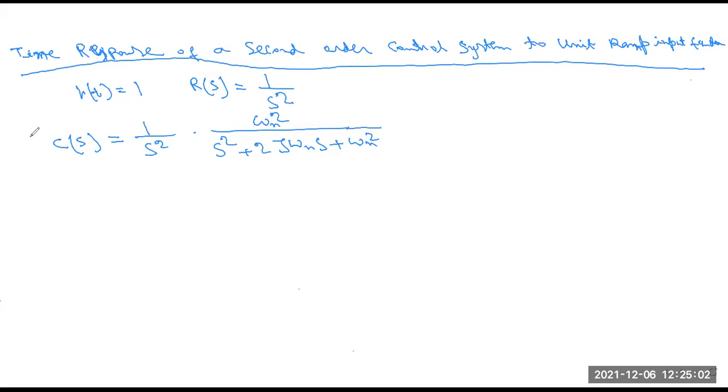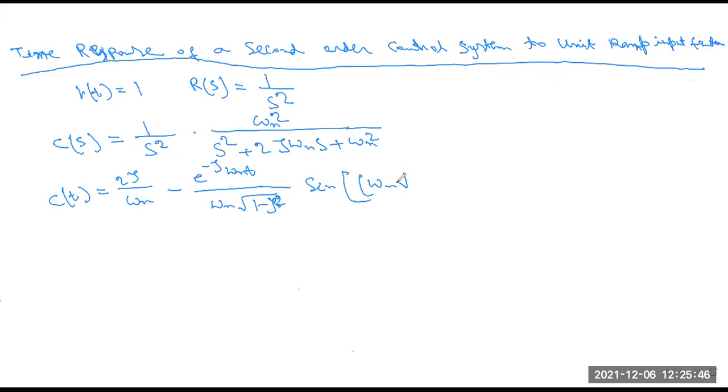In this equation we have to calculate step by step. Previously we found the value, that is c(t) equals t minus 2 zeta by omega n plus e to the power minus zeta omega n t by omega n root over 1 minus zeta square into sine of omega n root over 1 minus zeta square into t plus phi.